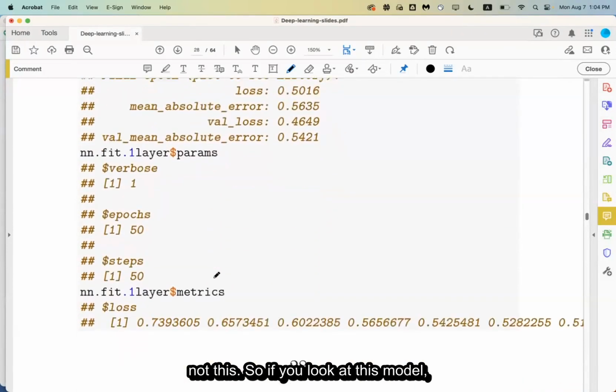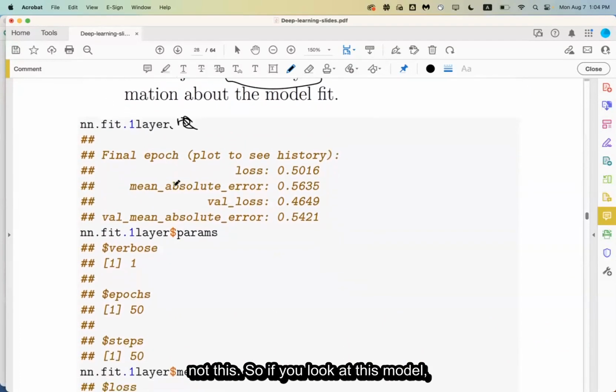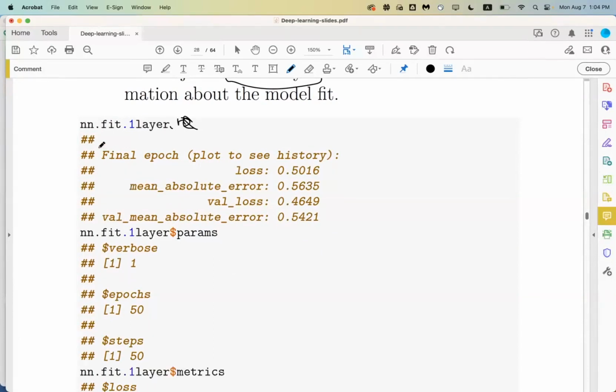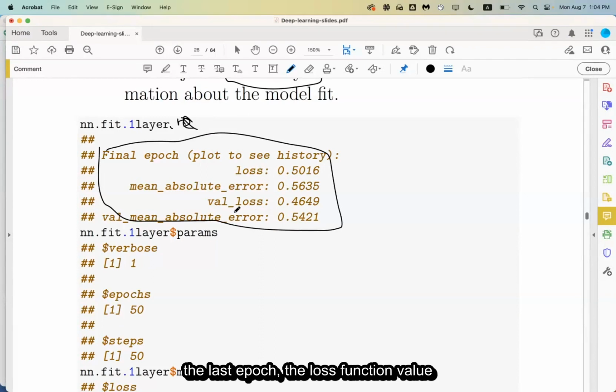So if you look at this model output, notice it includes information like this. First, I give you the information about the last epochs, the loss function value, and the mean absolute error for both the training data and the evaluation data.